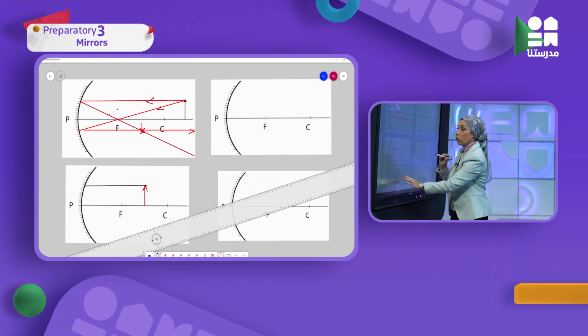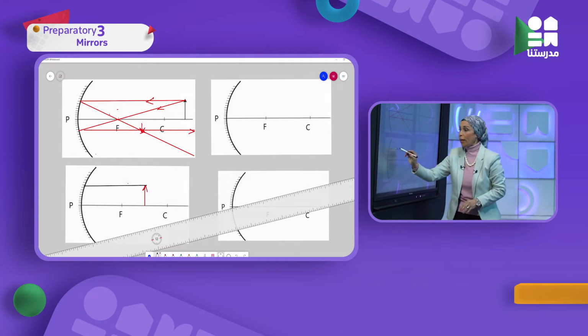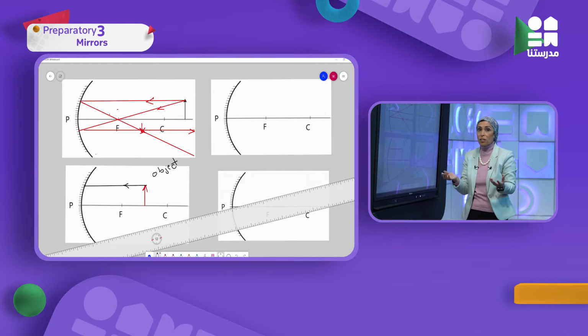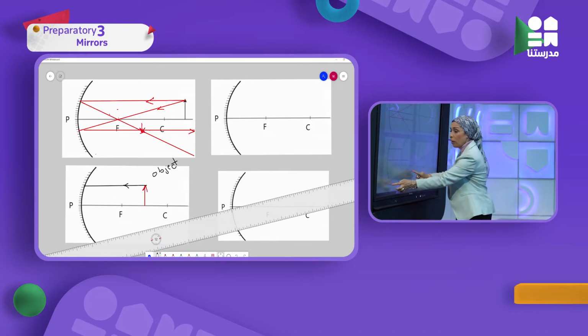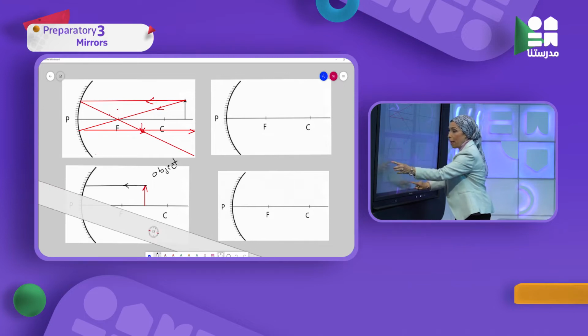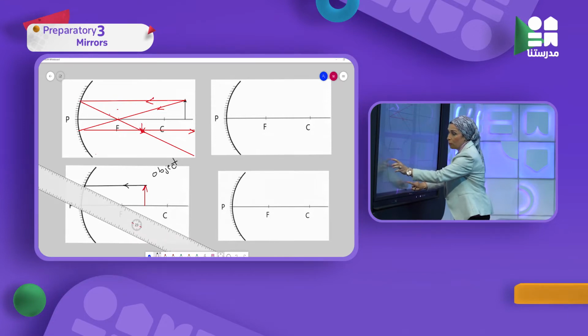And before you remove your pen, put the arrow and write object. Why? So that I can recognize the difference between the object and the image, since the two look like each other. Then this is the first ray. How does it reflect? It reflects passing by the focus.